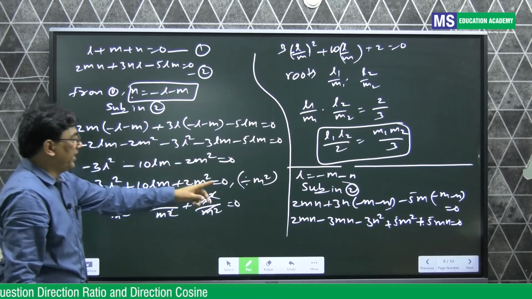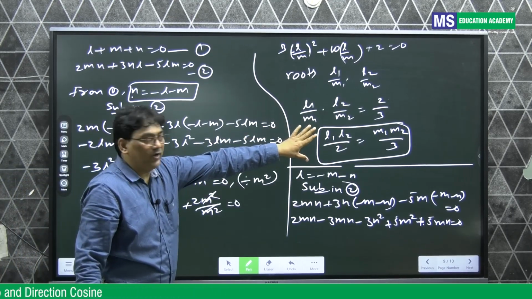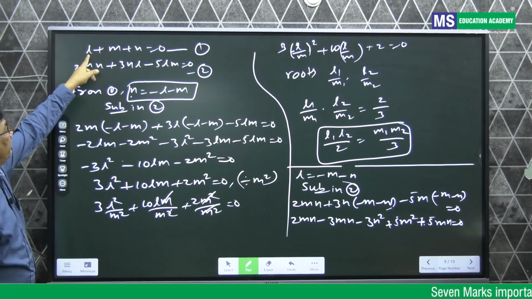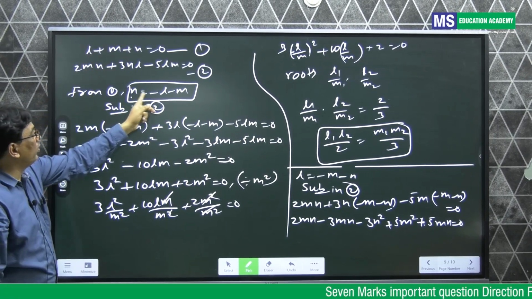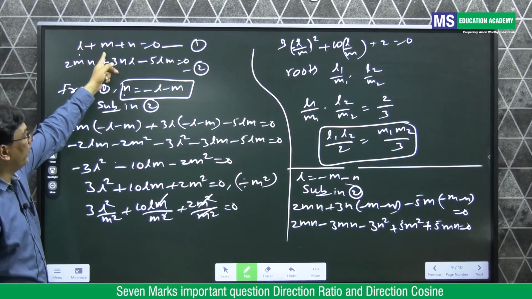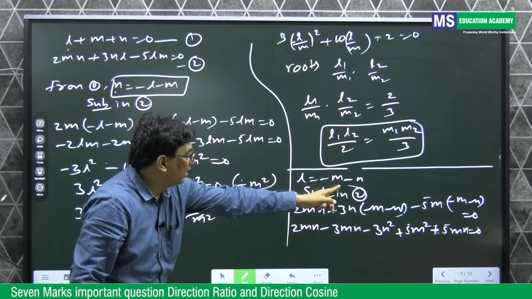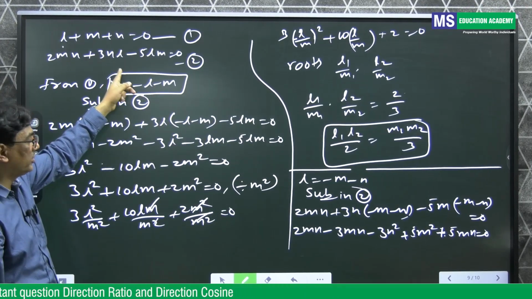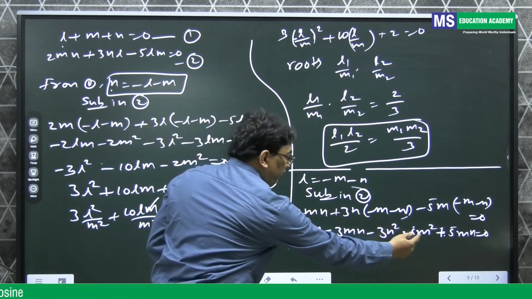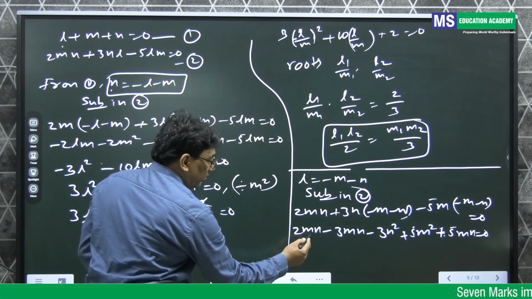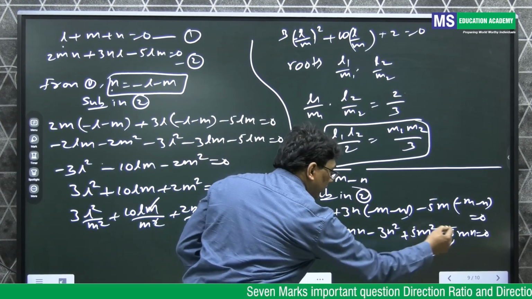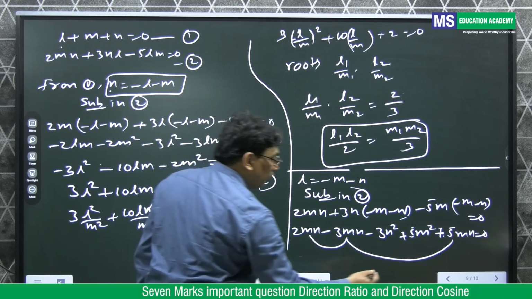Again, continuation. See here, with L and M we are getting one relation. After that, from the same equation 1, here we took n equal to; in the next concept take L equal to minus M minus N. That value again we substitute in the second equation, and simplify. In m square, 5m square came; in mn, 2 minus 3 minus 1 minus 1 plus 5, that becomes plus 4.